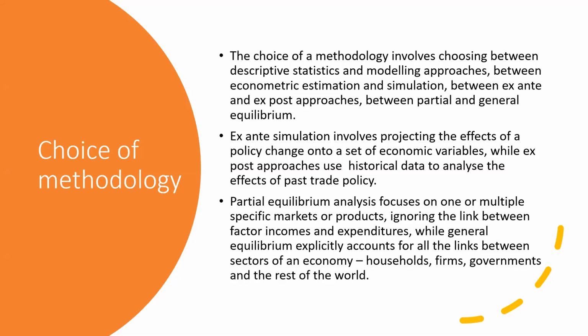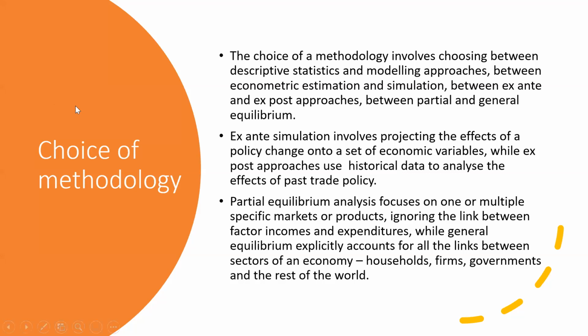Then, if you are dealing with ex ante, then you'll be thinking of partial equilibrium or general equilibrium approaches. Partial equilibrium analysis focuses on one or multiple specific markets or products, ignoring the link between the factor incomes and expenditure. While general equilibrium accounts for all the links between various sectors in your economy, households, firms, governments, and so on and so forth.